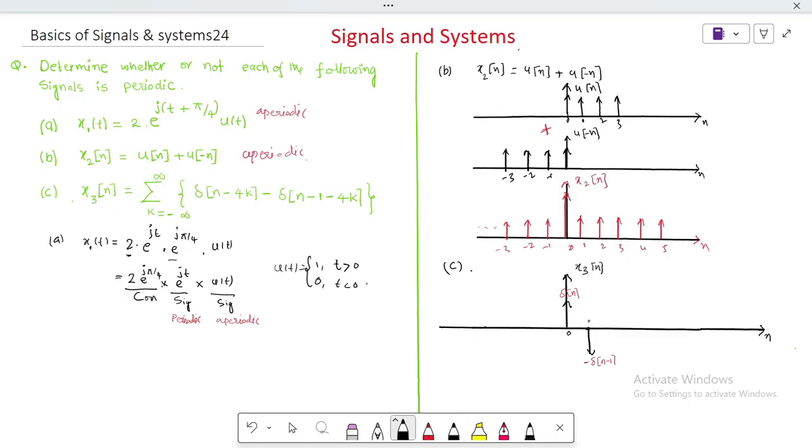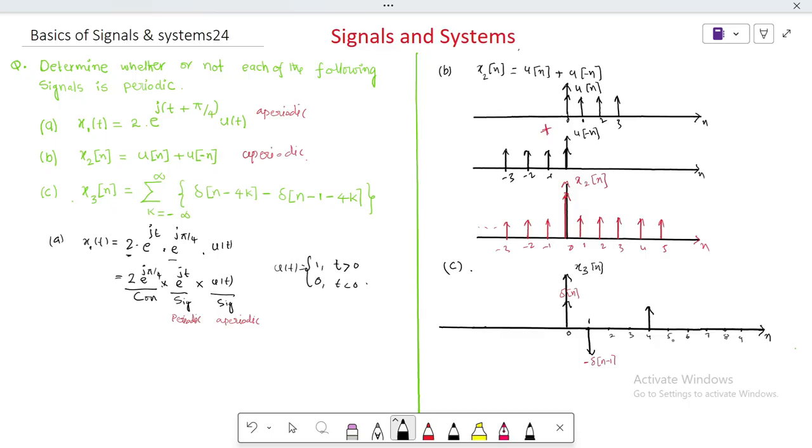So this is one value, then 2, 3, 4, 5, 6, 7, 8, 9. For k equal to 1, we have del of n minus 4, an impulse delayed by 4 units.